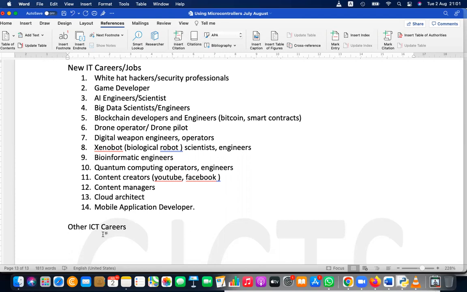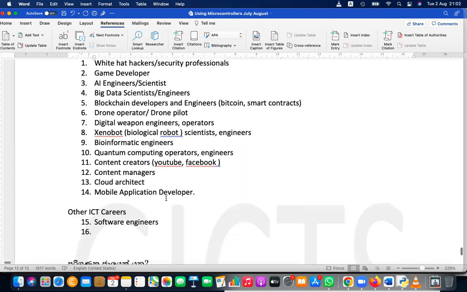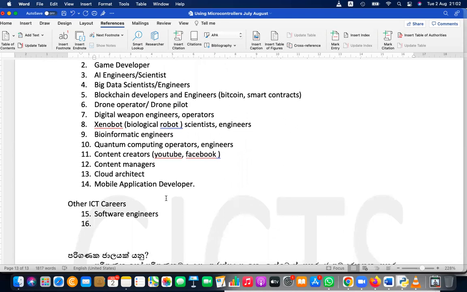So other ICT careers, can you tell me a few? Software engineers. Drone cameraman. Yeah, drone cameraman is a drone pilot, right? So you can say photographers generally.